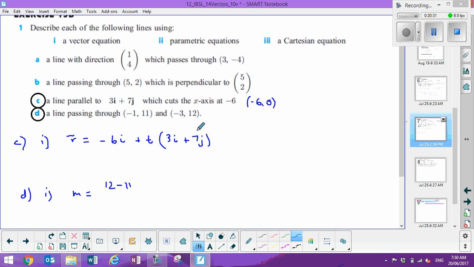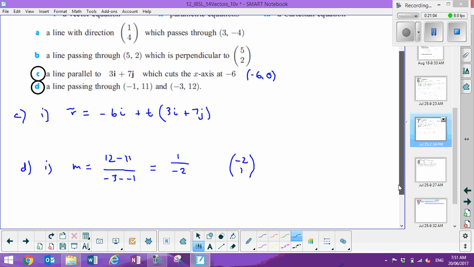I'm taking that as x1, y1, x2, y2, divided by minus 3 minus 1. So we get 1 over minus 3 plus 1 makes minus 2. So therefore our direction vector is going to be rise over run. So that's your y and that's your x. There's our direction vector.